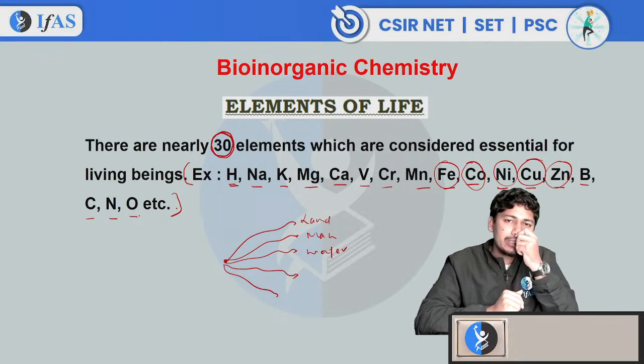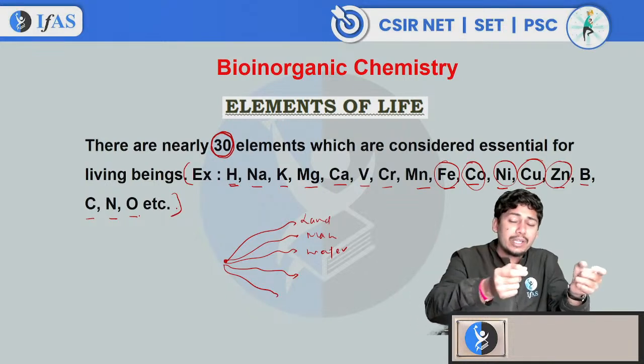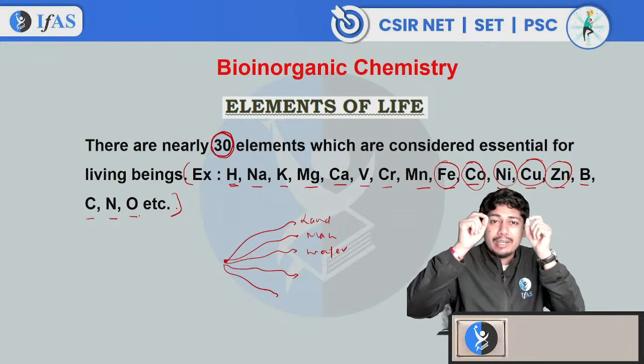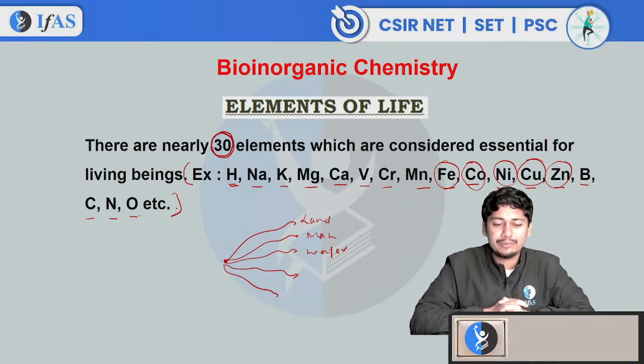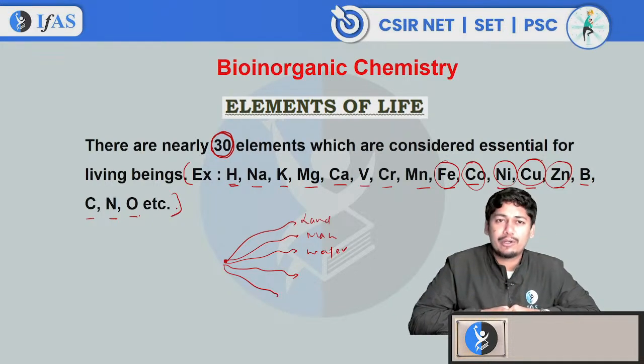But later, as we got continuously exposed to them, those elements which were toxic, which were lethal at first, became essential elements for us. Try to understand this evolution aspect because it will mesmerize you. It will develop curiosity in you to understand the bio-inorganic aspect of chemistry, that is biochemistry.